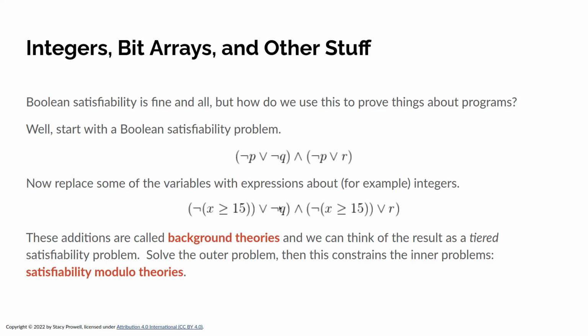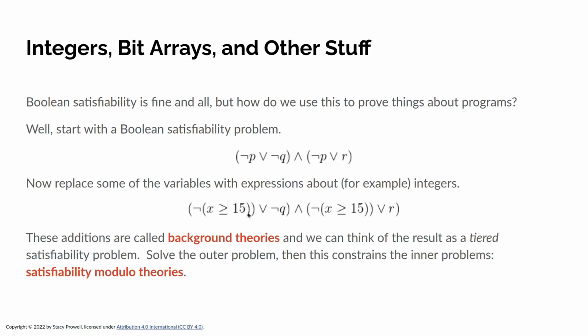We might leave these as they are, so not Q might stay not Q. But again, over here we have P, and so we replace that again with this. And so now we have an expression that involves some Boolean variables, logical connectives, but also can involve numbers, right? This thing is really just a predicate. Our P is actually this, and it's going to be something that's true or false.